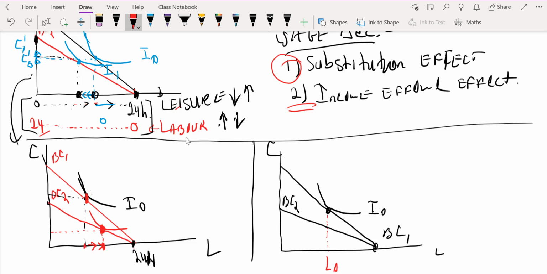So that's L0 remaining at the same spot in this case, yeah. So this is our C0 prime. And notice this, because we didn't change anything, we simply moved to this point from this point in terms of our preferences. I1 now, indifference curve 1. So our optimal point is this point now.